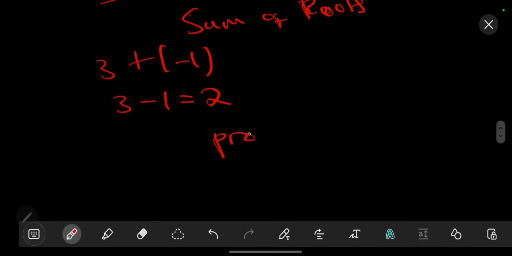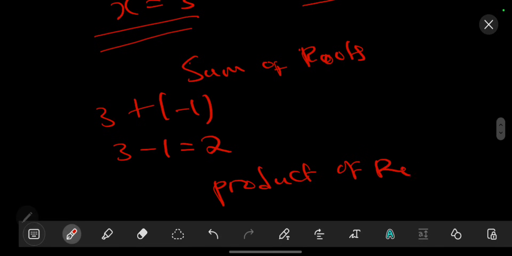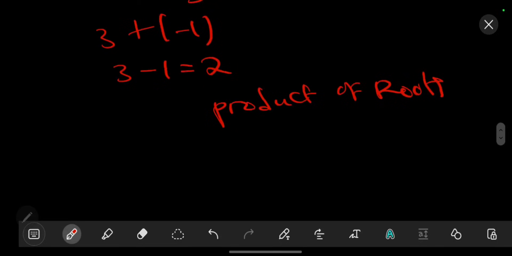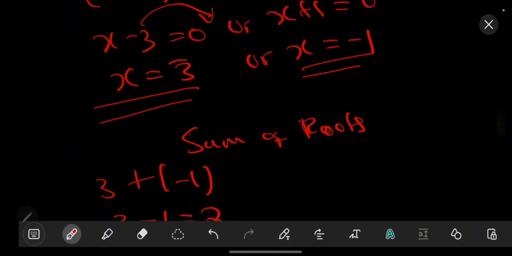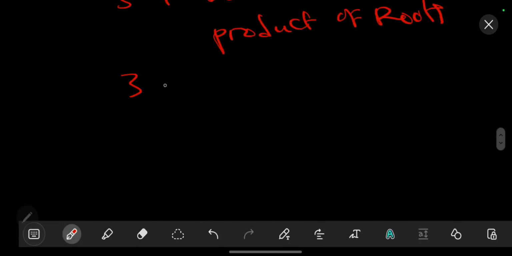Then the product of roots is found to be 3 by negative 1. So we are going to just multiply 3 by negative 1, which gives us a negative 3.